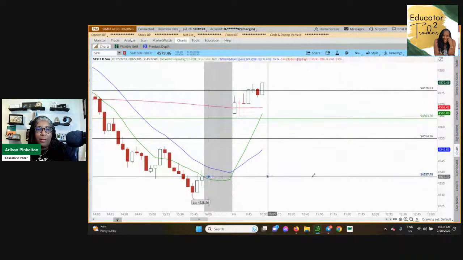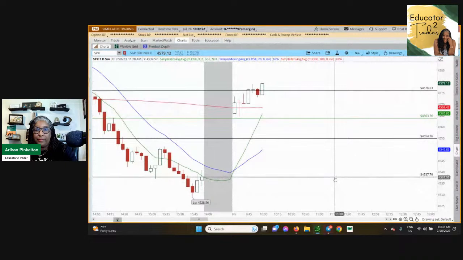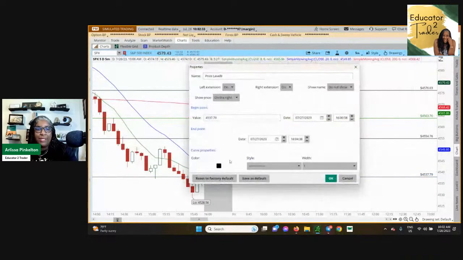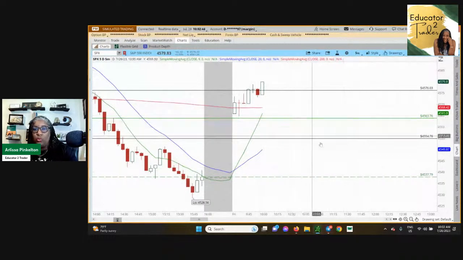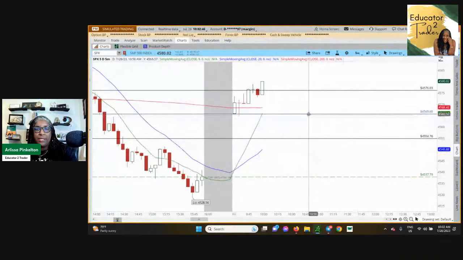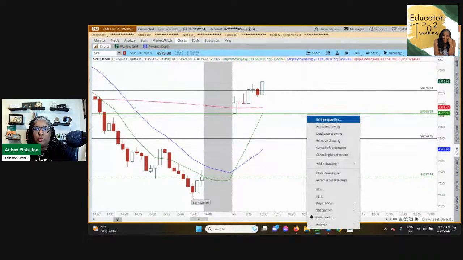We've got a gap from here. I want to change it to green, so that way I will remember that this is a gap. Okay, let me edit. There we go. Edit the properties. I change it to green, and I usually change it to like a slotted line or a dotted line dash so that I'll know that's the bottom of a gap. And then it gapped up to here.